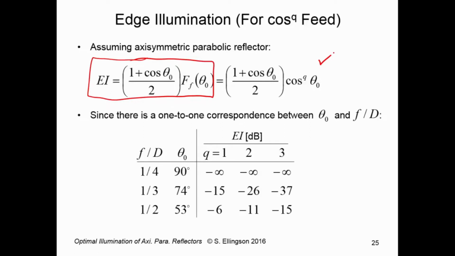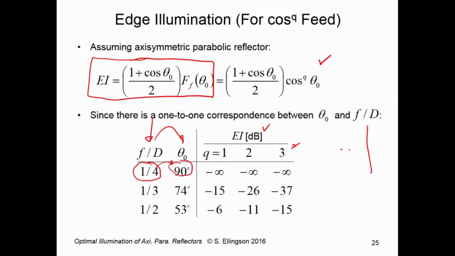Now there's a 1-to-1 correspondence between angle to the rim and f over d for axisymmetric paraboloidal reflectors. So if we state the f over d, that immediately constrains theta naught, the angle to the rim. And then we can calculate the edge illumination if we know Q. So, for example, for f over d equals 1/4, we know the angle to the rim is 90 degrees.